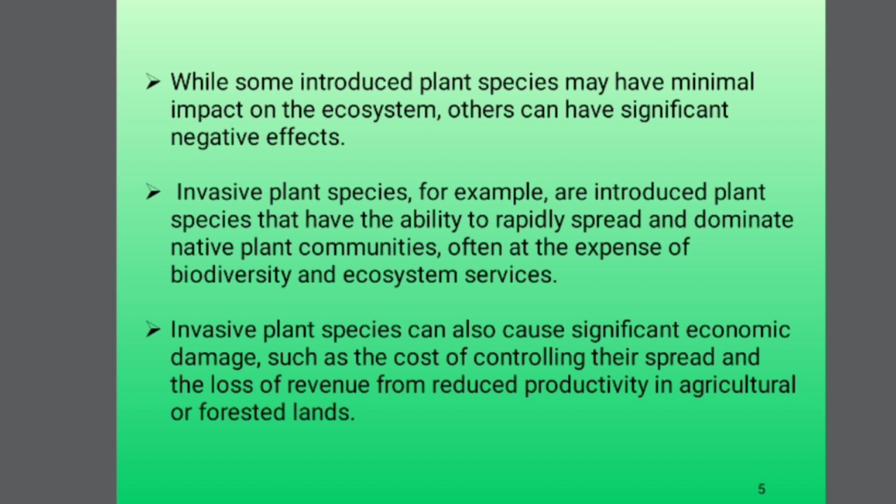For example, Parthenium hysterophorus, introduced from America, then China, to Central Asia and South Asia, has a negative impact on our native agricultural crops. So invasive species may cause damage to the native ecosystem. They reduce the productivity of native species as well.